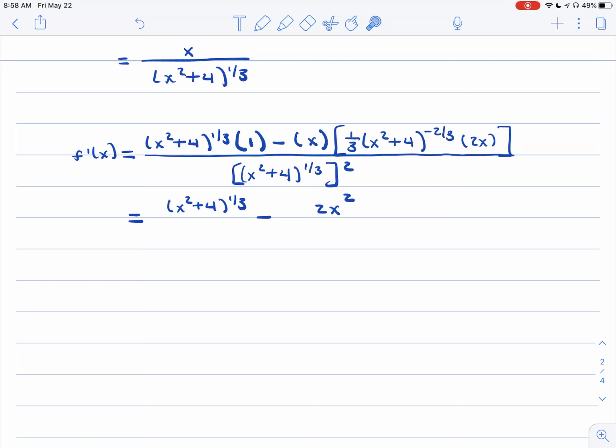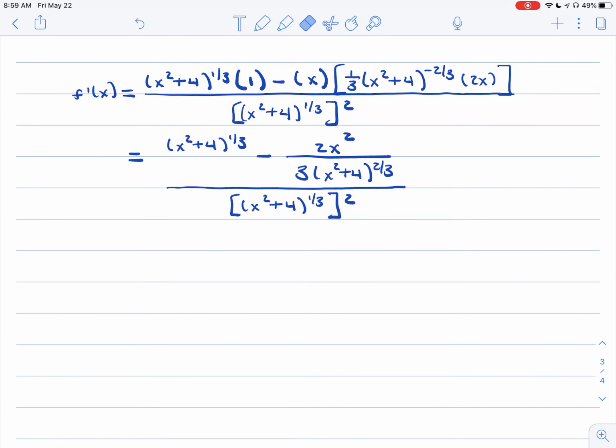The 1/3 means our 3 is going to go in the denominator, and the -2/3 exponent is going to go in the denominator as well. And then that is still all over x squared plus 4 all raised to the 1/3, squared.